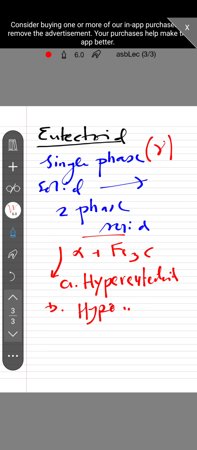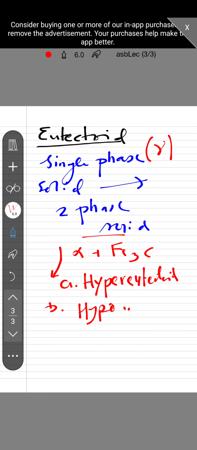From the names you can understand that a hypoeutectoid system exists below the eutectoid composition, whereas a hypereutectoid system exists above it.